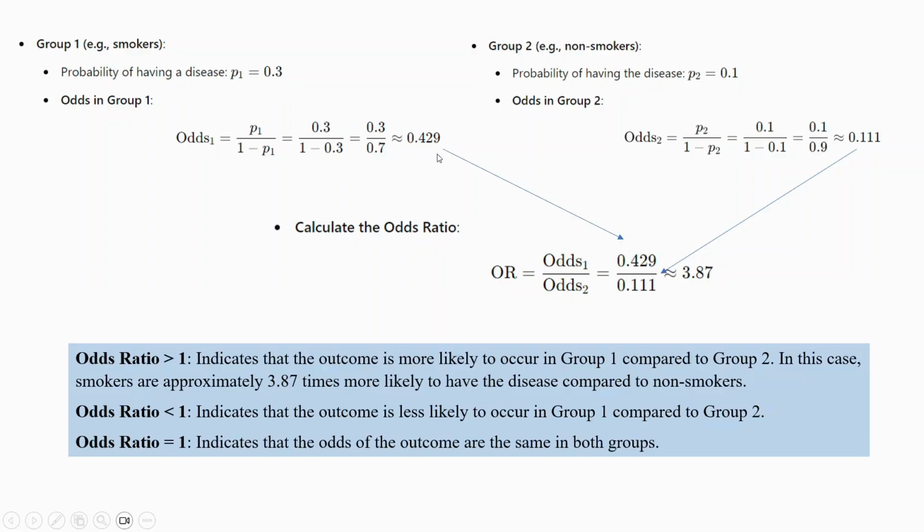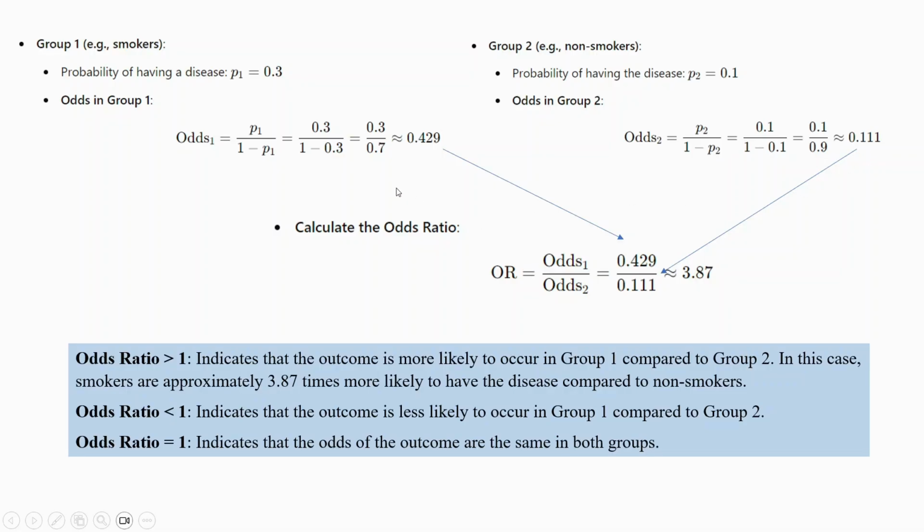This is the odds of having the disease in the group of smokers. Odds for non-smokers: P2 upon 1 minus P2, 0.1 upon 1 minus 0.1, 0.1 divided by 0.9, so 0.111.